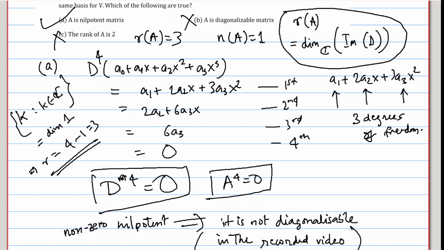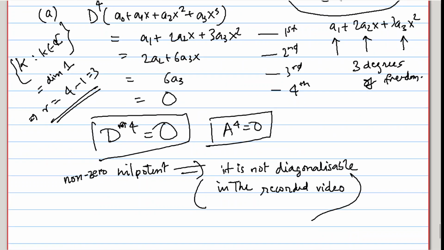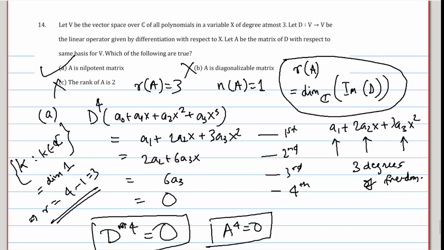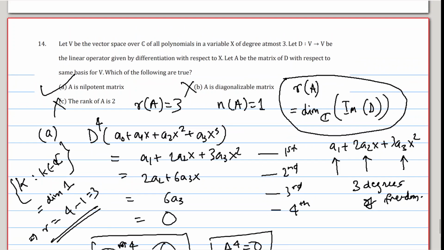What is the dimension of this polynomial vector space V over C? It would be 4.